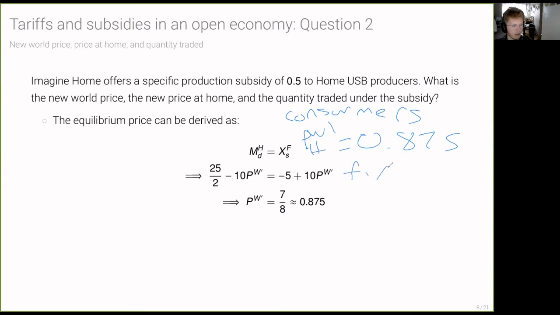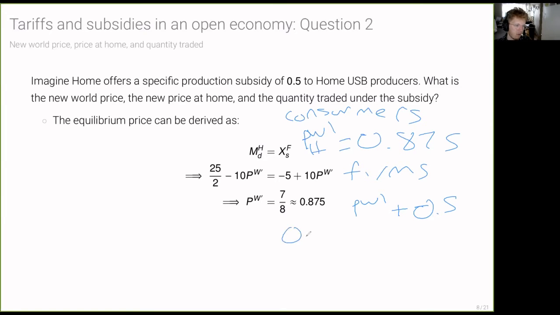But for firms, whatever the world price is, they're now receiving this government benefit of 0.5, this subsidy, on whatever the new price is.